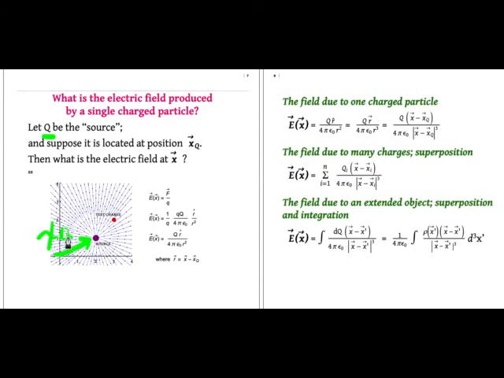And of course that has to be a vector, so I have to draw an arrow over it. That's the source. Now, what's the electric field at x? Well, where is x? Anywhere I want. So let's say, what's the electric field at this point right here? Let's consider that point.